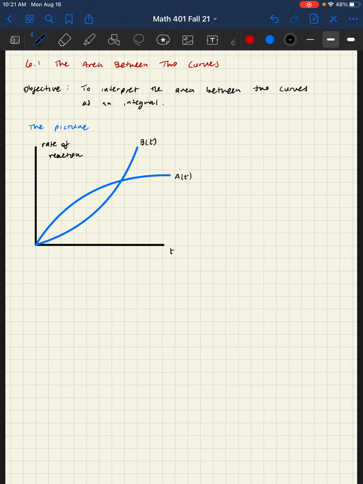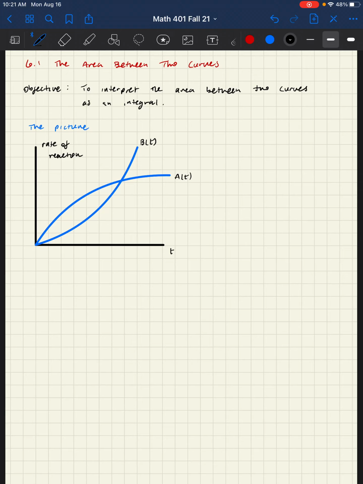I have in front of us a graph, simulated of course, of two rates of reaction for two products in a chemical reaction, starting from zero mass. So there's product A and product B. The rate of reaction is how quickly A and B are being produced by this chemical reaction.